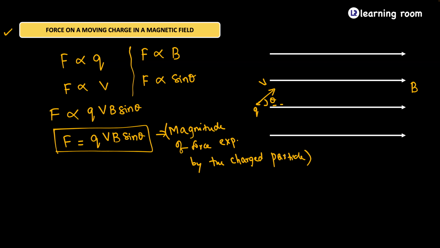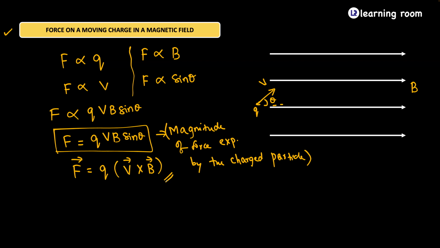If you write the force as a vector quantity, it is given as F is equal to Q into V vector cross B vector. It is not the reverse, so keep that in your mind. It is Q into V vector cross B vector, and this is the force experienced by the charged particle projected with a velocity V at an angle theta into the magnetic field of intensity B.